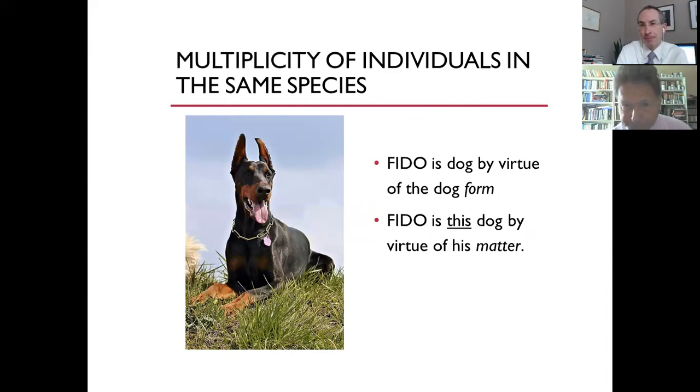So if you think back to a previous lesson, when we talked about the form of the tree being lost when the tree is turned into ashes. Okay, so the form of the tree is what makes the tree be a tree. The form of dog is what makes Fido be a dog. Okay, but Fido is this dog by virtue of his matter.